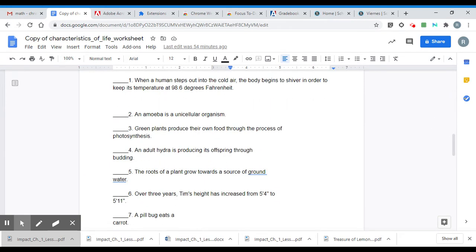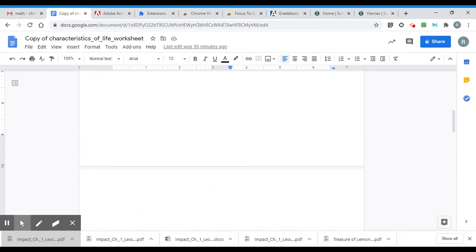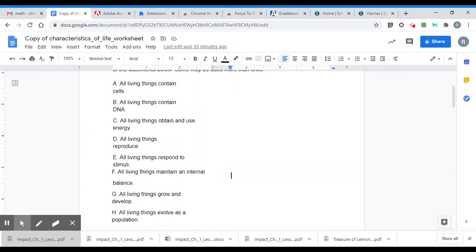So I'm going to look at number 1. When a human steps out into the cold air, the body begins to shiver in order to keep its temperature at 98.6 degrees Fahrenheit. Now I'm going to go back up to my options and think, what characteristic is it talking about? Is it talking about all living things contain cells? All living things contain DNA?